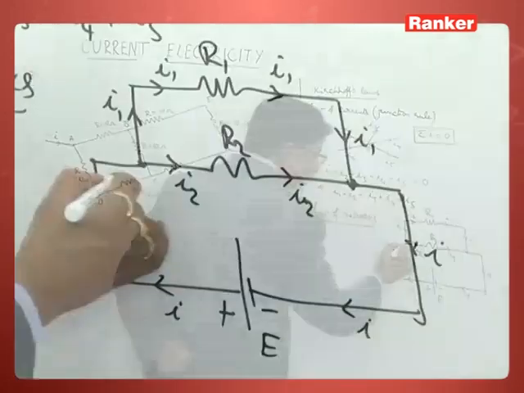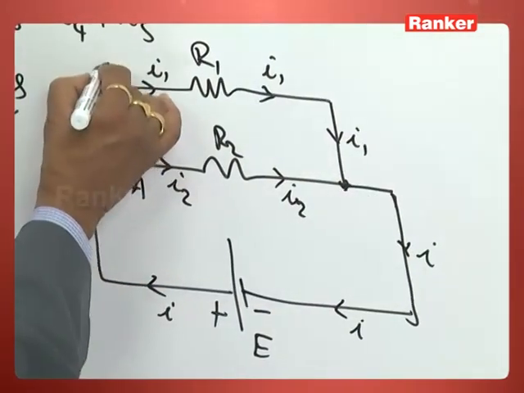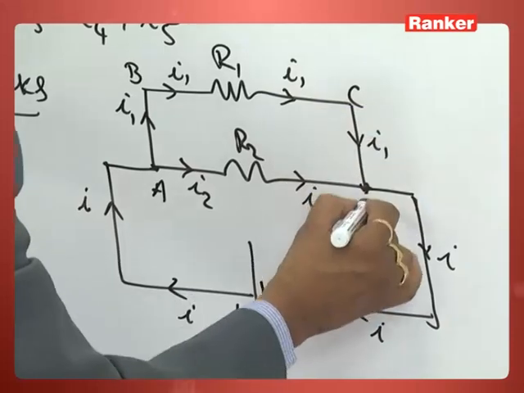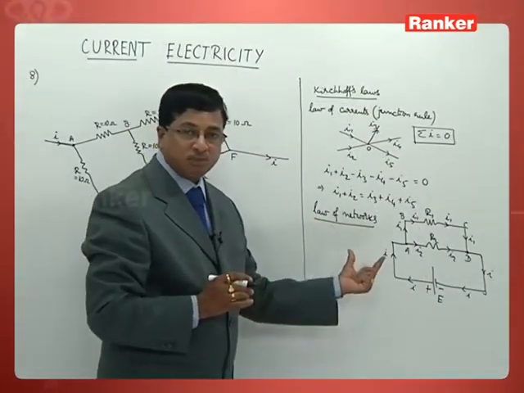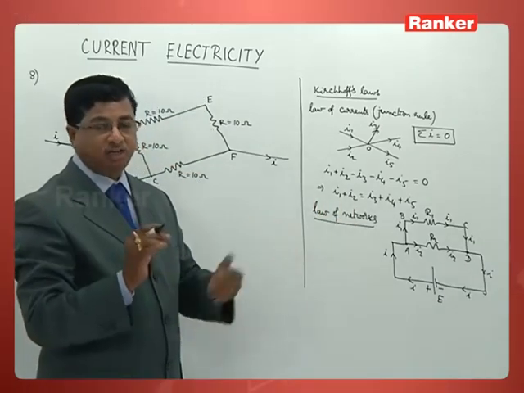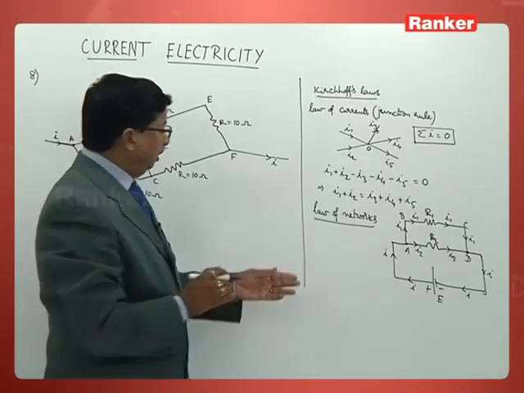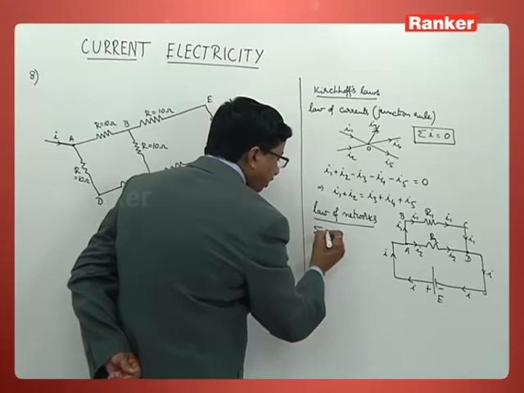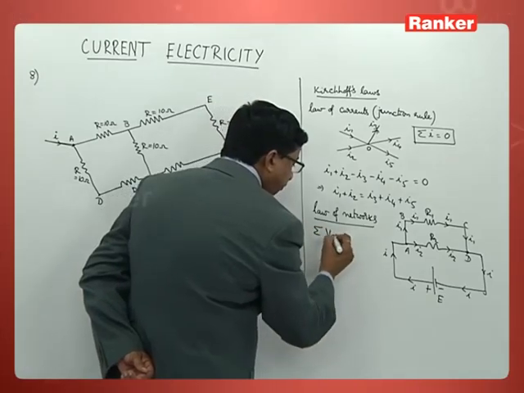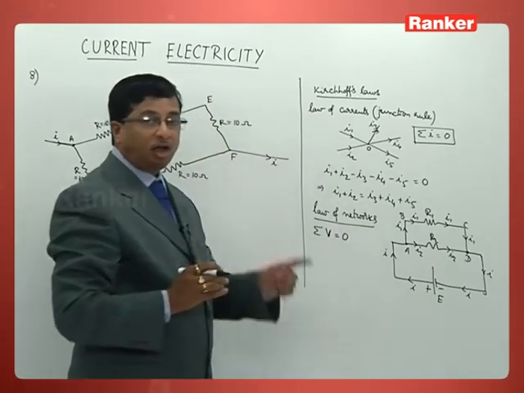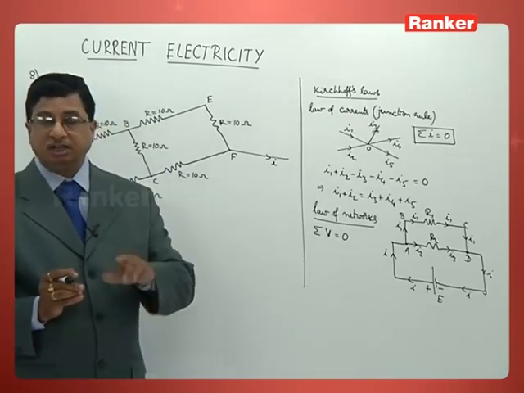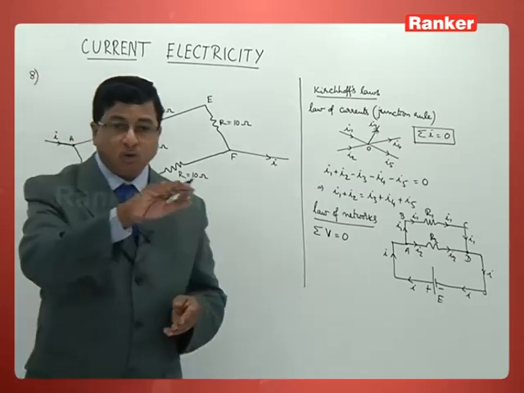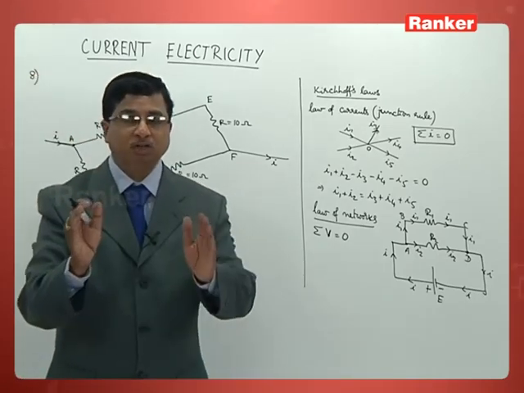If I name these points A, B, C and D, what does this law of networks or EMFs state? Sigma V is equal to 0. Algebraic sum of EMFs across a closed electrical network will be 0.